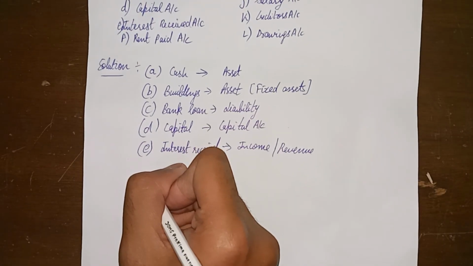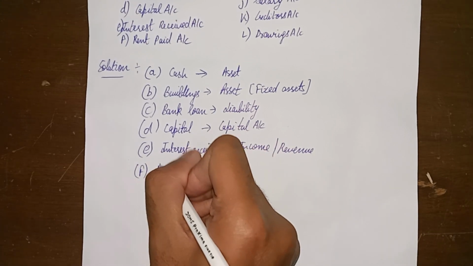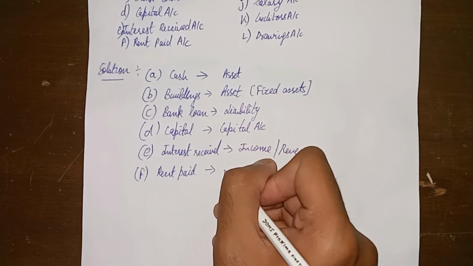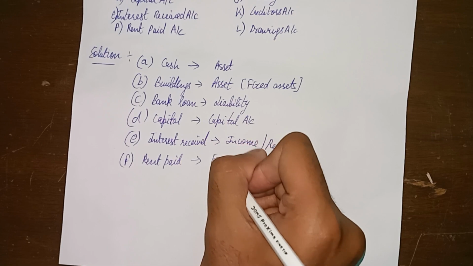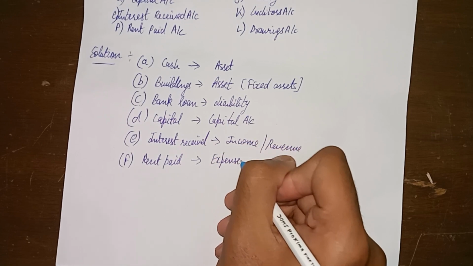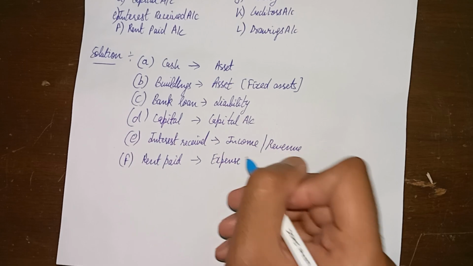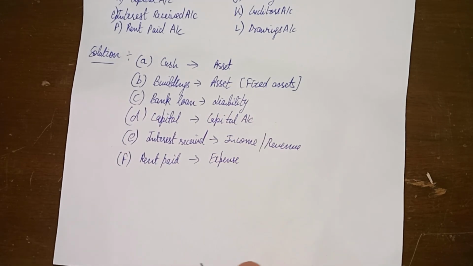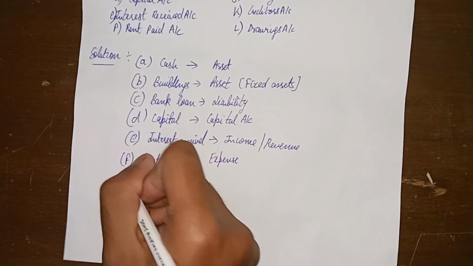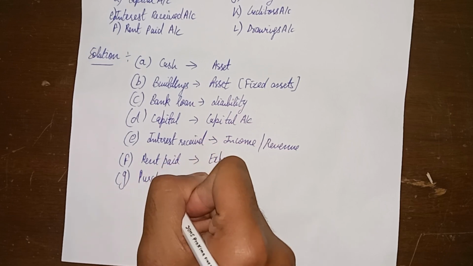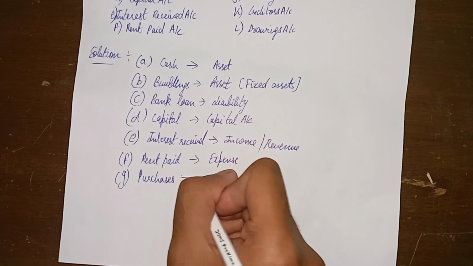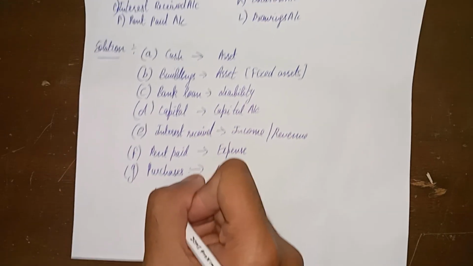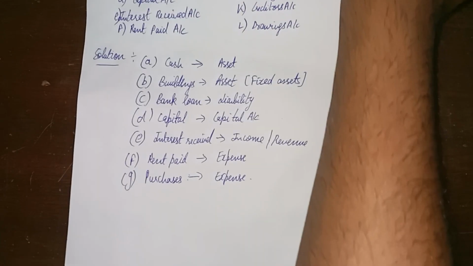Okay guys, rent paid is an expense. G, purchases. What are purchases? These are also an expense.